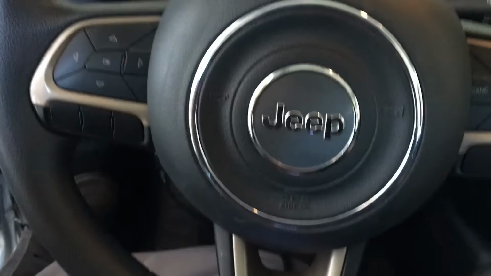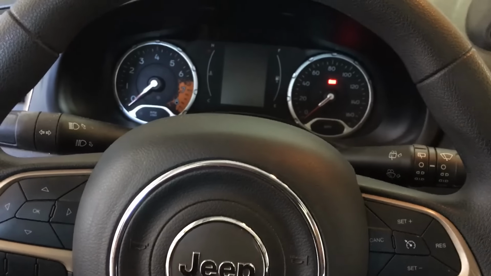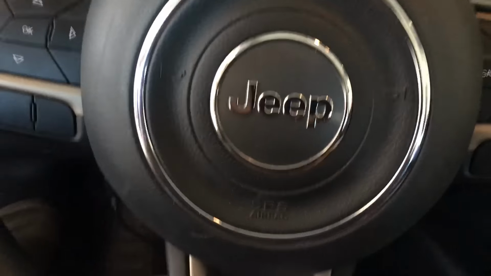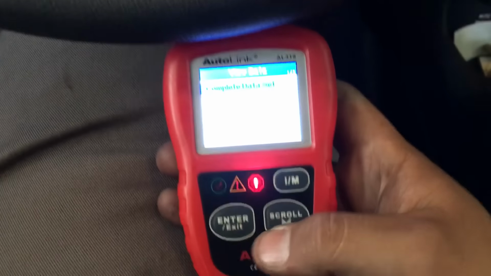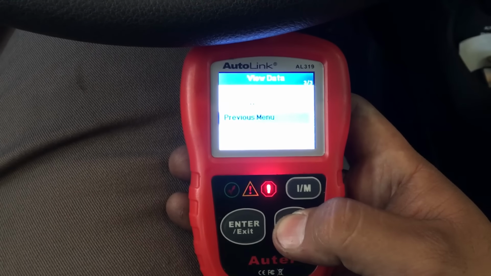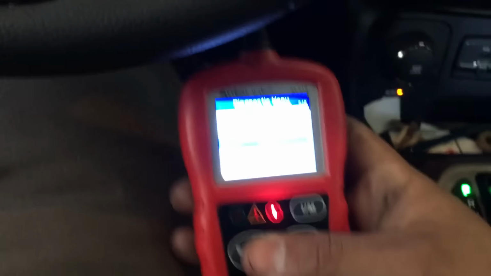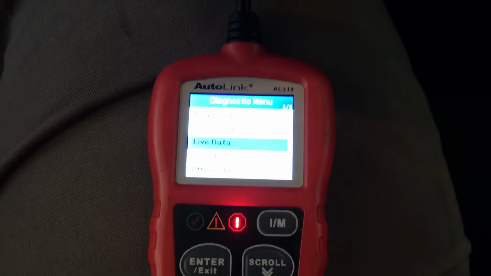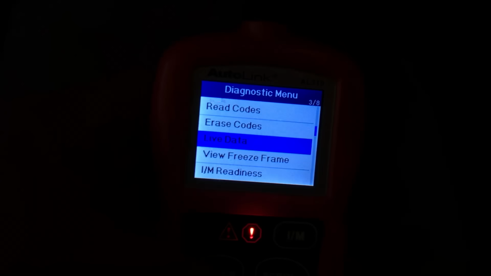I'm going to go get my little scan tool here. I'm going to turn the ignition on. Key in the ignition there. Let's go ahead and check the scan tool here. See if I can get that to focus in there. There we go.